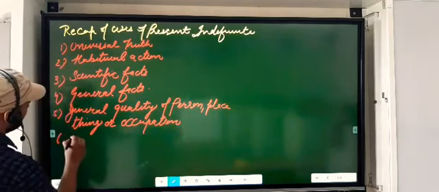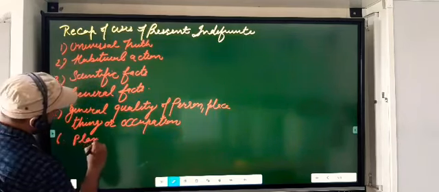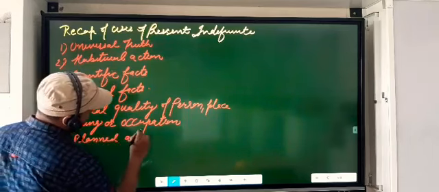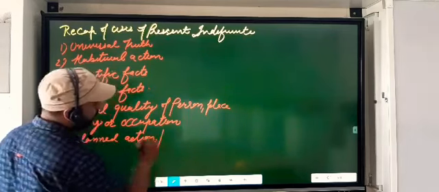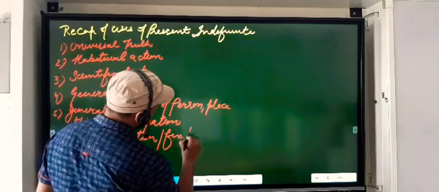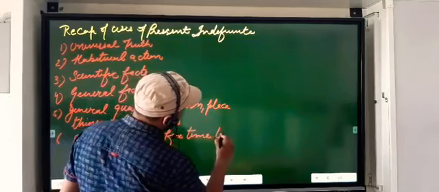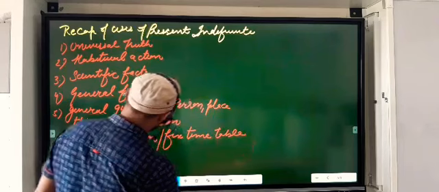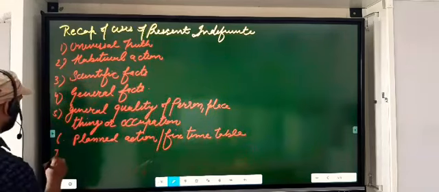Sixth, planned action or fixed timetable, planned action of future.